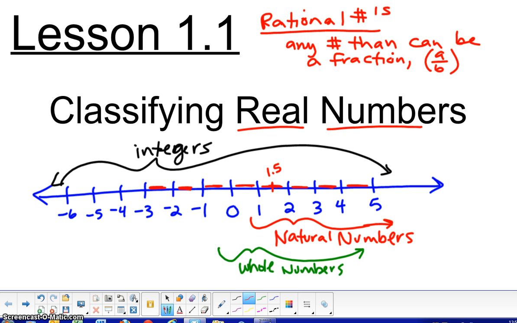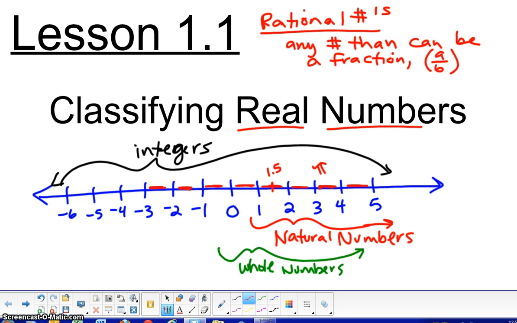Okay, and then, for example, if we had pi, which is a number you all know, it's like 3.14159 and so on. Pi is a number that has no repeats and no terminating decimal.